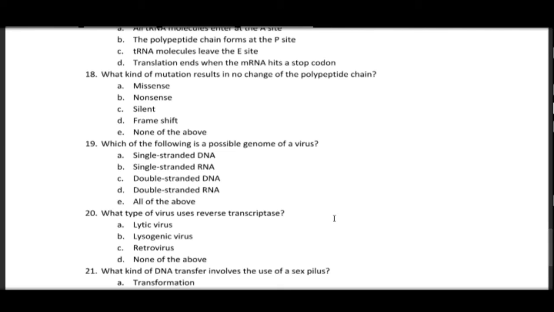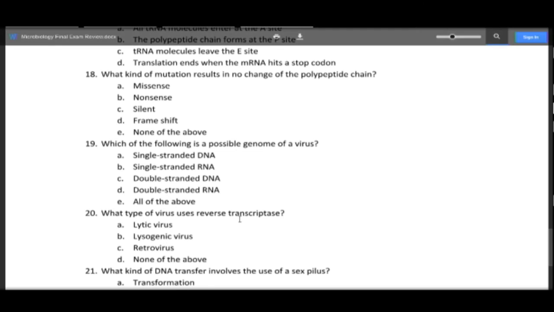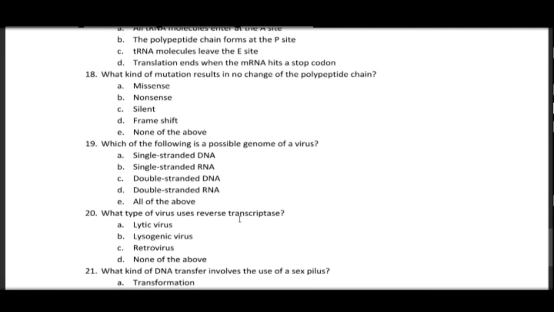So A, lytic virus. The lytic cycle is probably more familiar, where the virus goes to its host and inserts its own information into the host's genome, so that when the host replicates, the genetic information of the virus will also replicate with it. Usually things that go through the lytic cycle can also jump over and go through the lysogenic cycle.